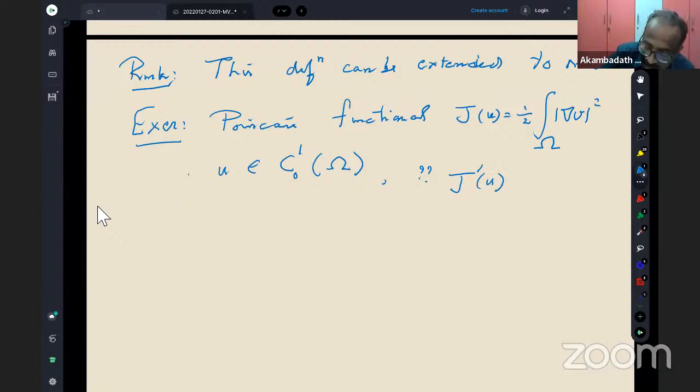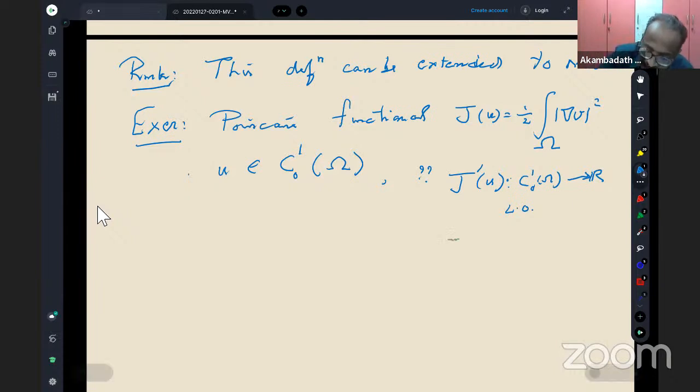I am not defining it by the above definition. There has to be a linear approximation. So there should be a linear functional now, which gives you an approximation. So you don't have to worry.